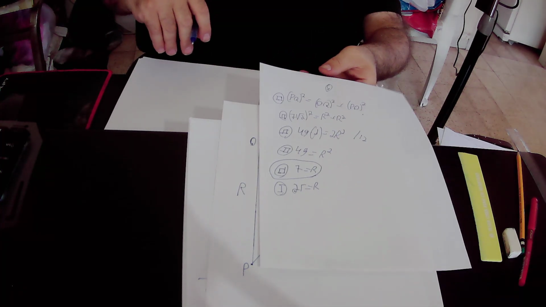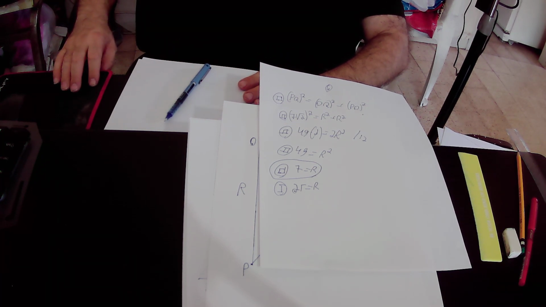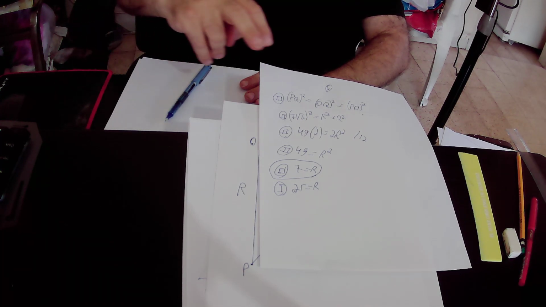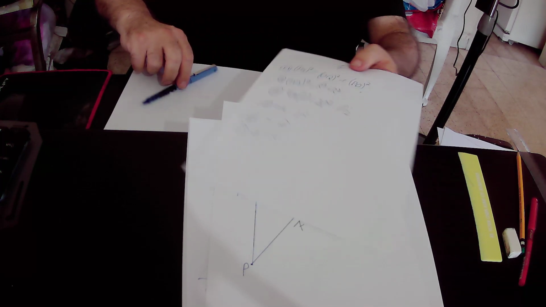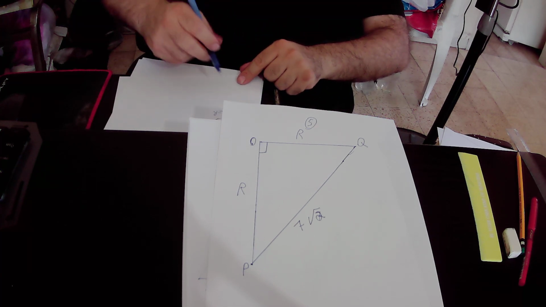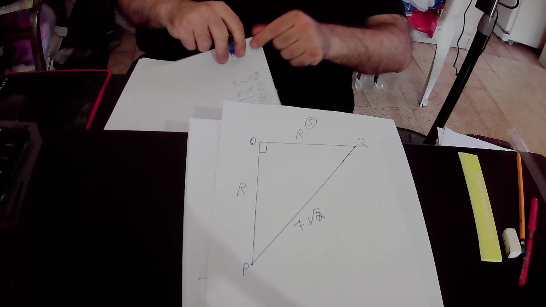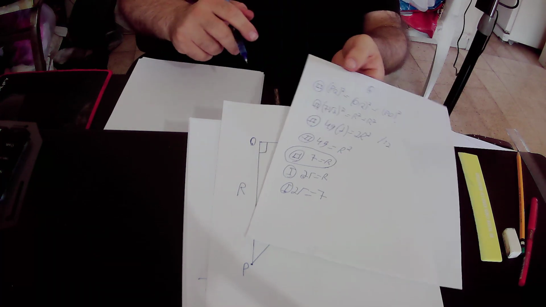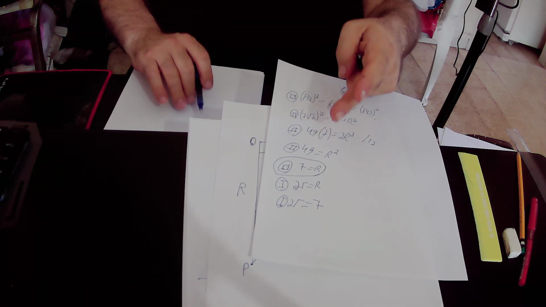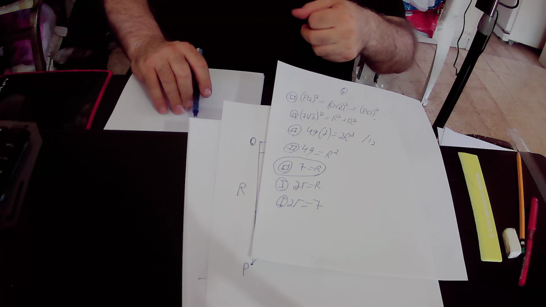So this is equation number 1, 2 times small r equals capital R. But we know that capital R equals 7, so we can substitute capital R in equation number 1 by 7. So we substituted capital R by 7. Now we will divide equation number 1 by 2.